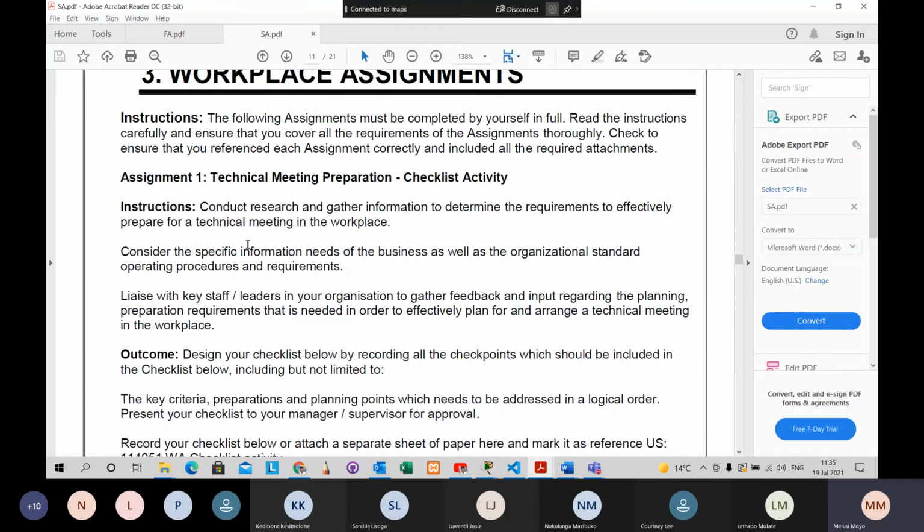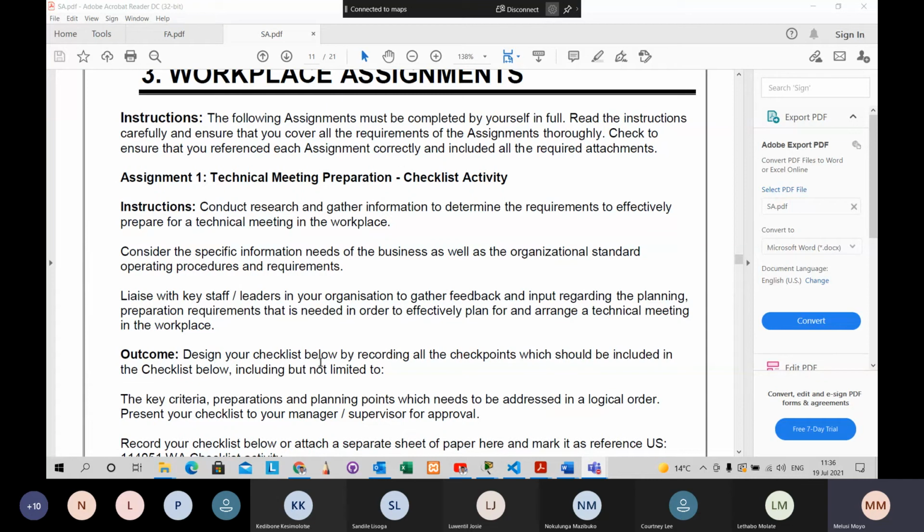So it says consider the specific information needs of the business as well as the organizational standard operating procedures and requirements. Liaise with key staff leaders in the organization to gather feedback and input regarding the planning and preparation requirements needed in order to effectively plan for and arrange a technical meeting in the workplace.